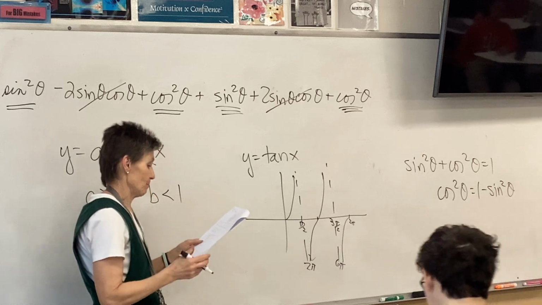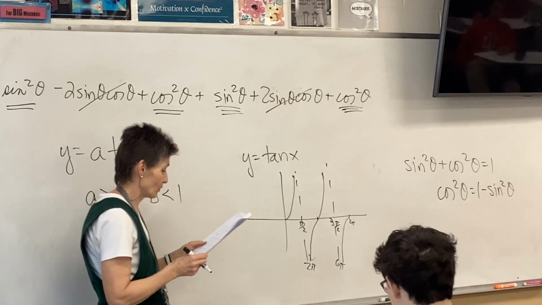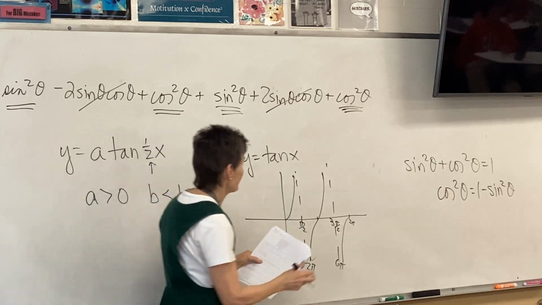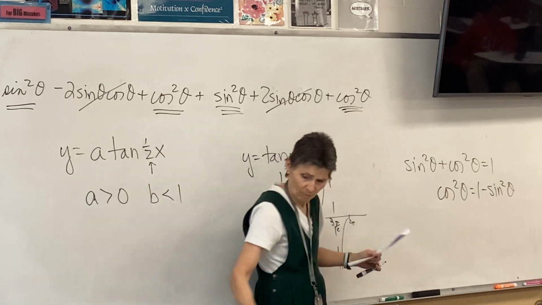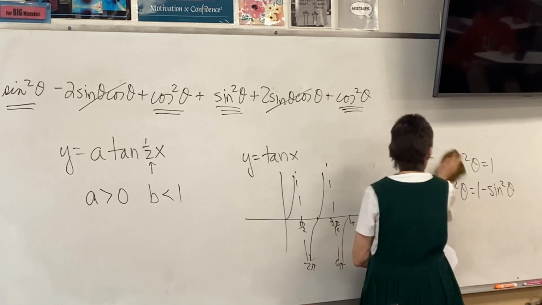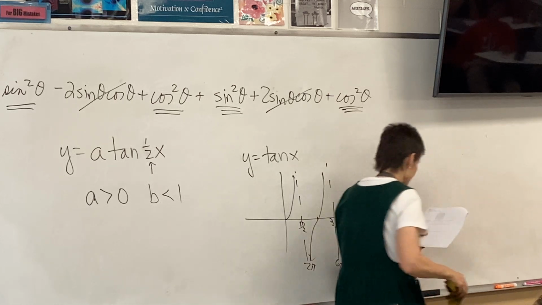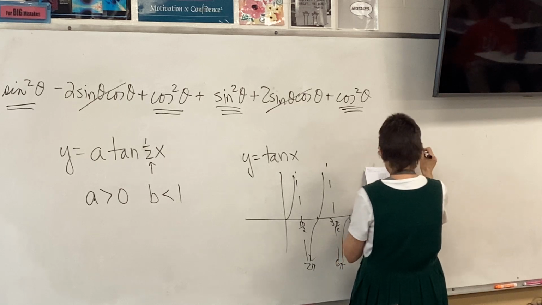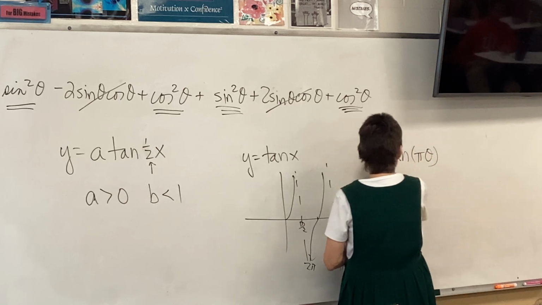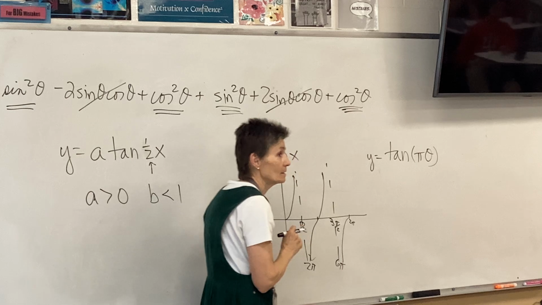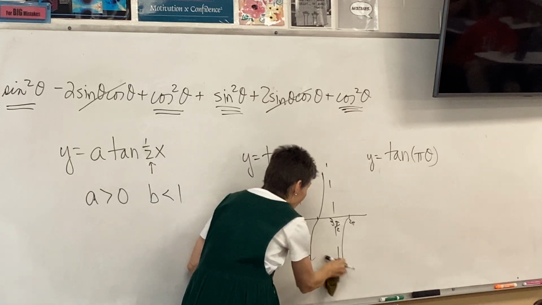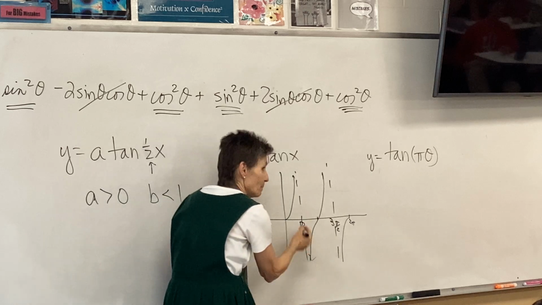Right, another tangent problem. Which of the following is the vertical asymptotes? The pi theta. So now, again, I'm gonna use my same picture here, but this time we divided by pi. So if I divide my asymptotes by pi, where are they gonna be?